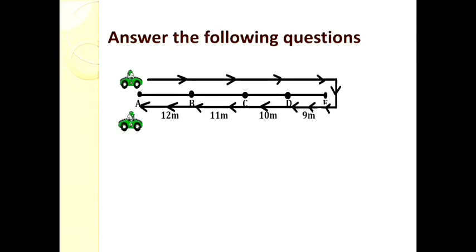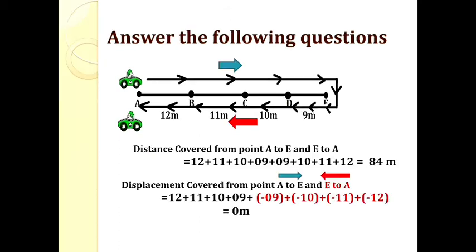The last example. See, the car started from A and came back to point A. What is the total distance and displacement covered? The distance covered from A to E is 12 plus 11 plus 10 plus 9 meters.